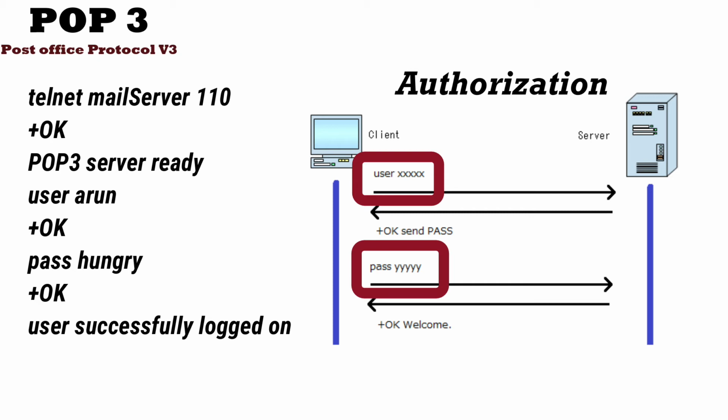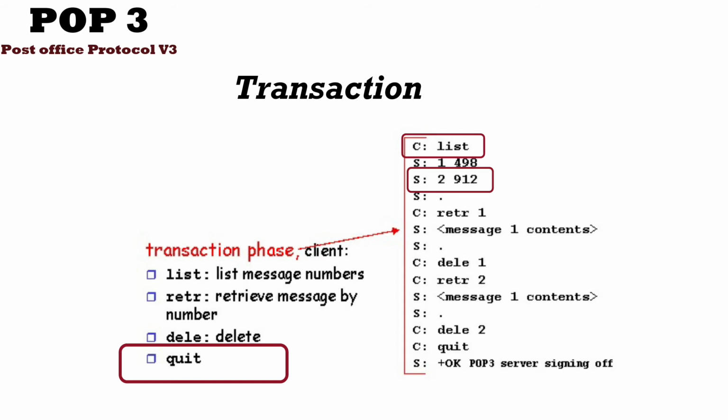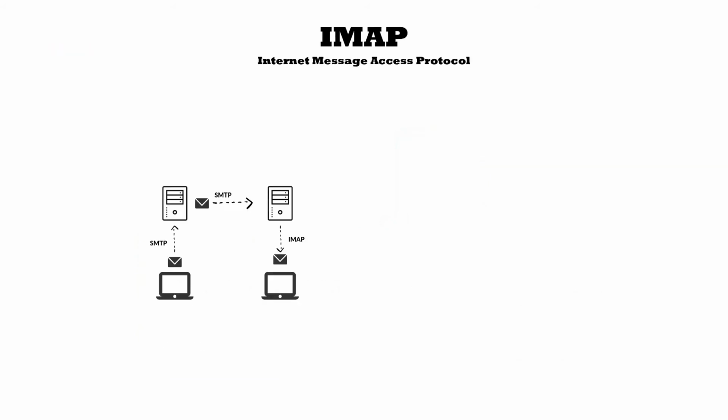Then the password is angry, and the reply from the server is +OK user successfully logged in. Next is the transaction phase. Here C stands for the client, the user agent, and S stands for the server, the mail server. And the last phase is the update phase. So this is the information about POP3, the Post Office Protocol version 3.